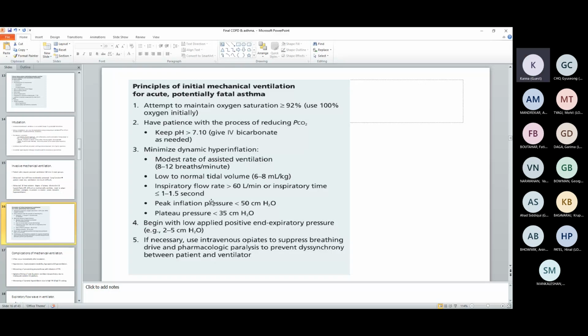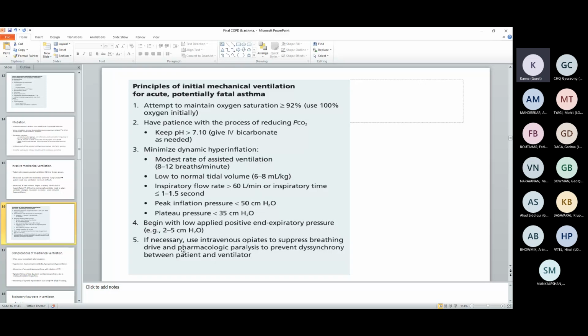The inspiratory flow rate should be maintained at more than 60 liters per minute, and the inspiratory time should be minimized to allow more time for expiration, so that the expiratory air can escape. The peak inflation pressure should be less than 50 centimeters of water, and the plateau pressure should be less than 35 centimeters of water. At the beginning, PEEP should be started at a low level from 5 centimeters of water, and then progressively increased gradually.